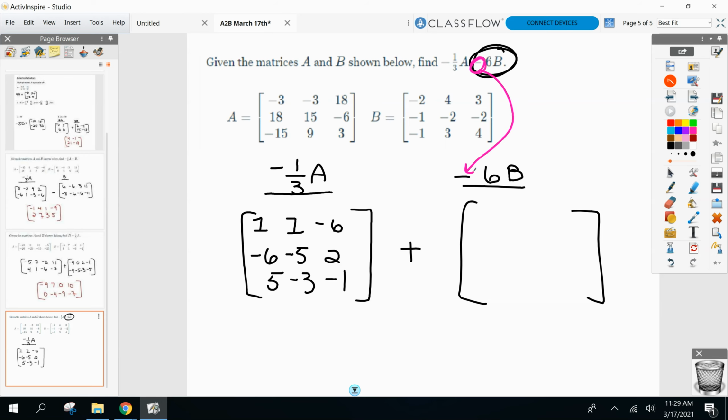Multiplying by -6 is not the issue. It's what you do with those two matrices. Don't subtract them because you're adding another one in there. Hopefully that makes sense.